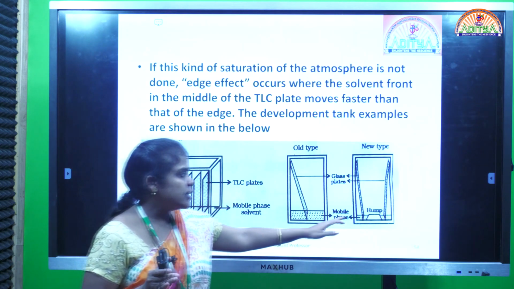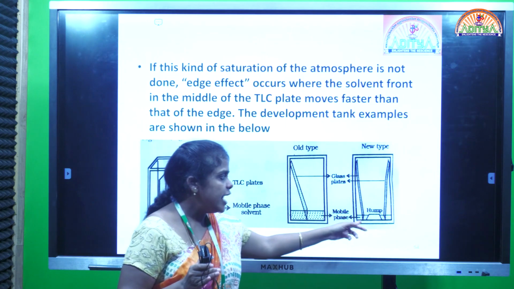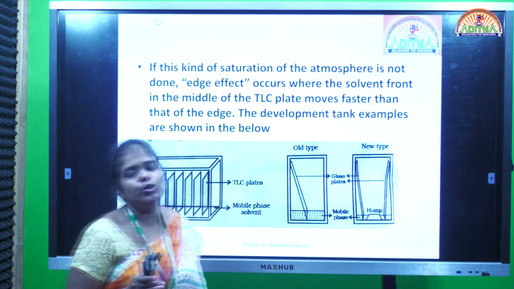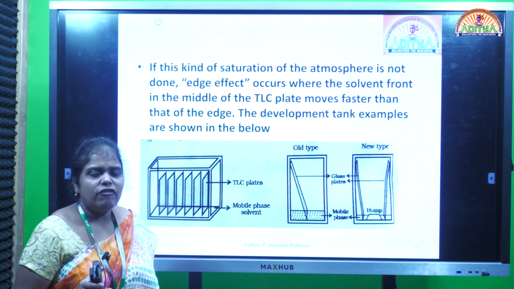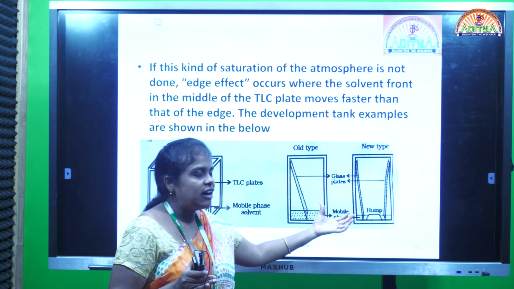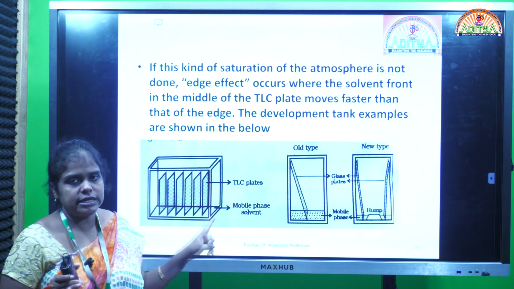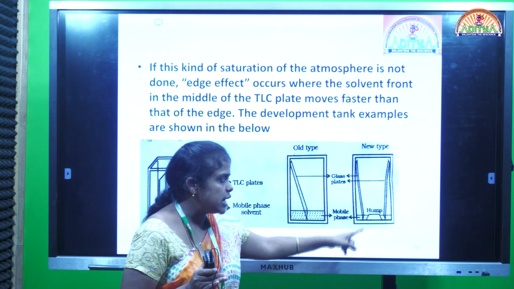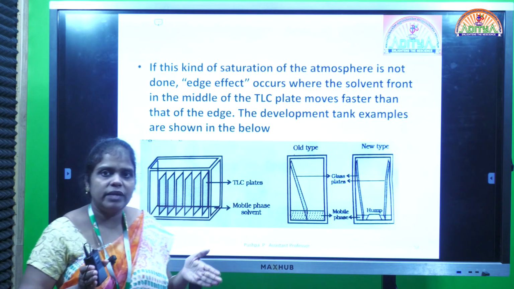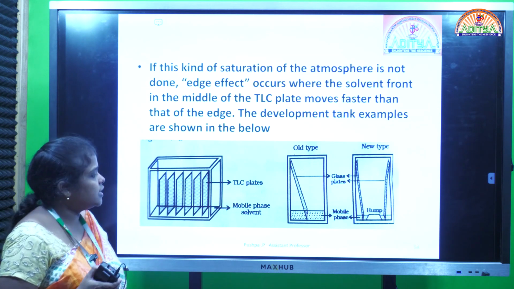We can keep two TLC plates in one jar itself, and this hump divides these two plates. At a time we can develop two slides. Here we can develop only one TLC plate, but because of this hump we can keep two plates, and both will undergo elution at a time.